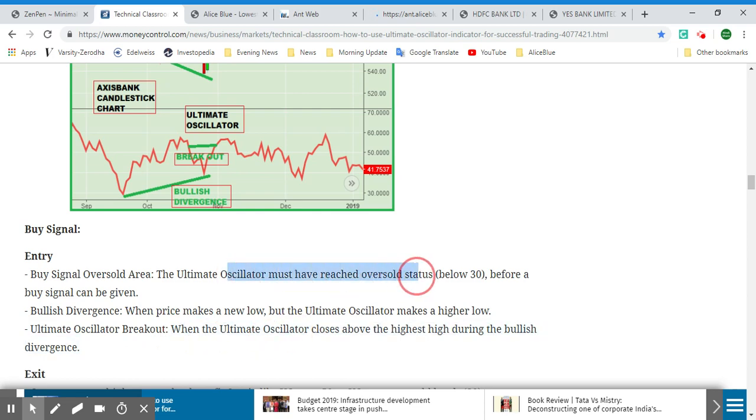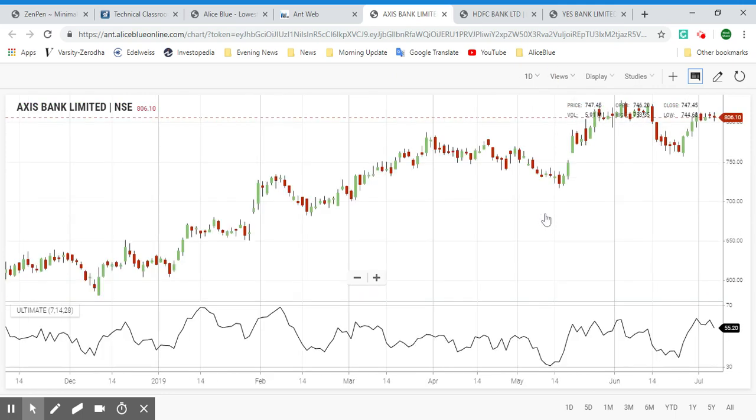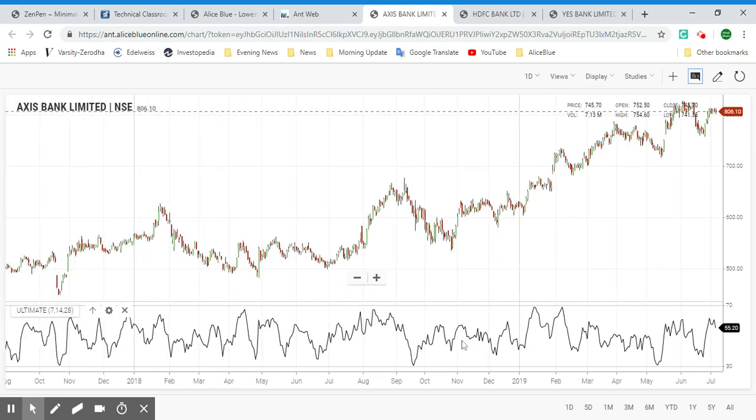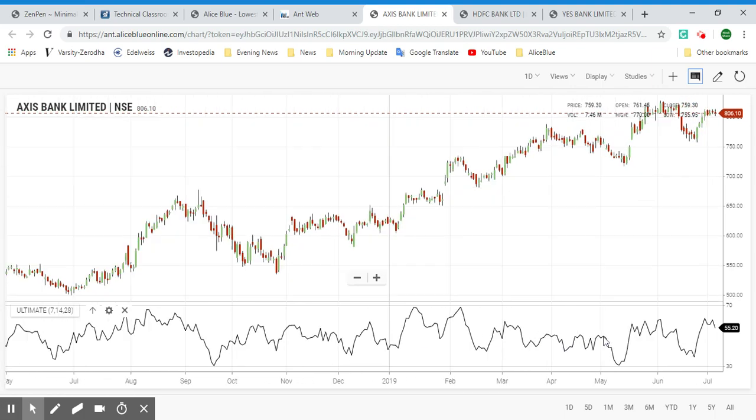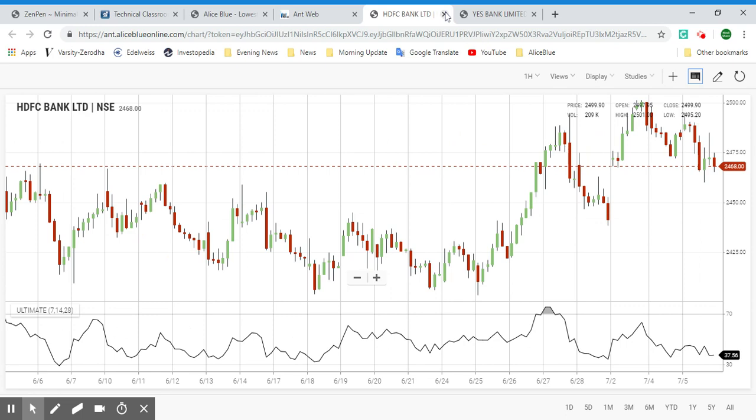The ultimate oscillator must have reached the oversold status below 30 before a buy signal can be given, when the price makes a new low but the ultimate oscillator makes a higher low. Let's look at that. So it hasn't crossed both the indicator lines. Let's leave this.